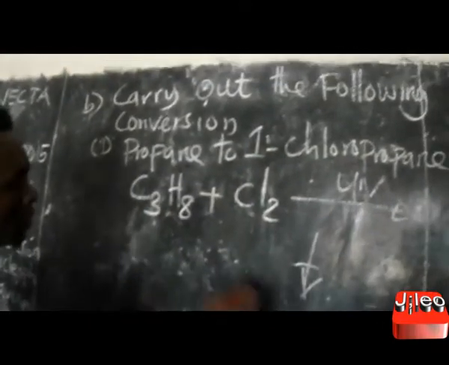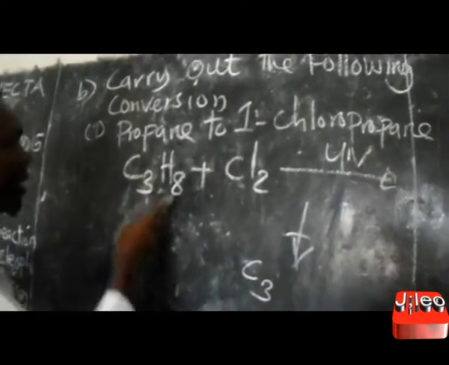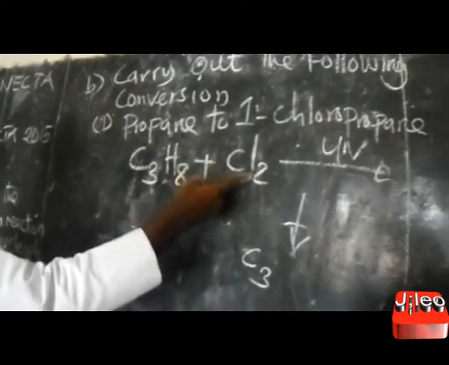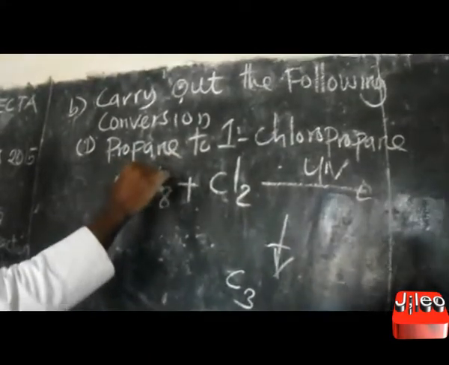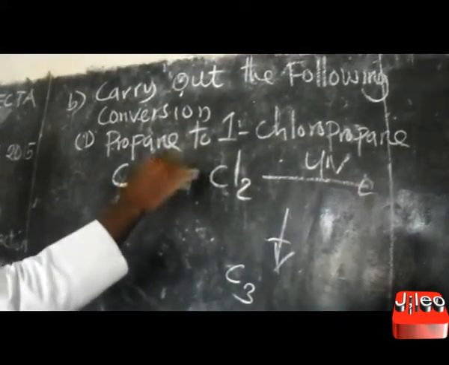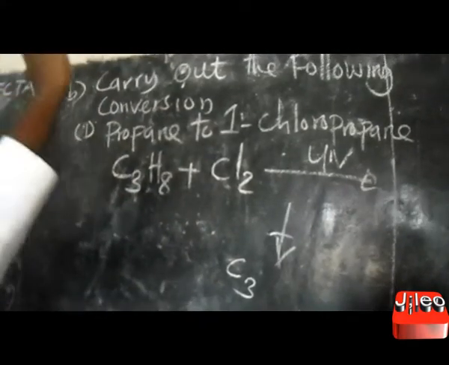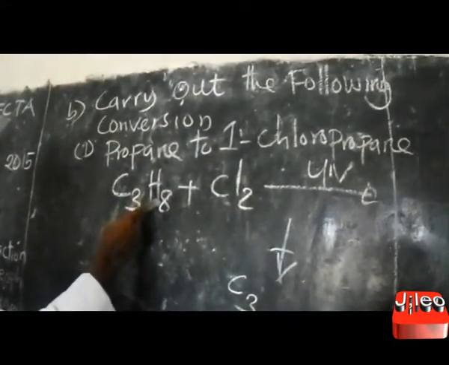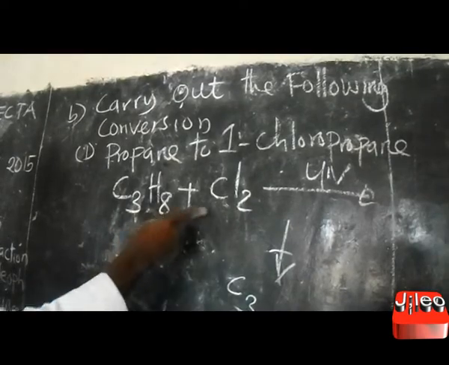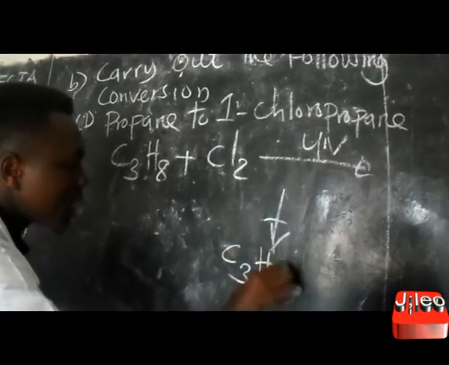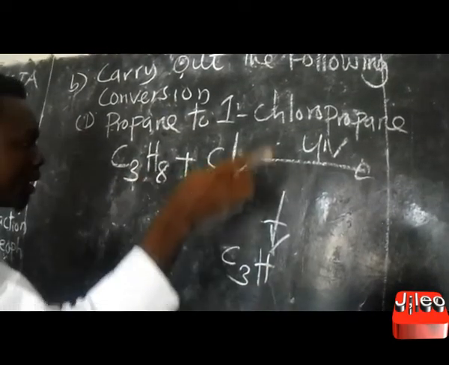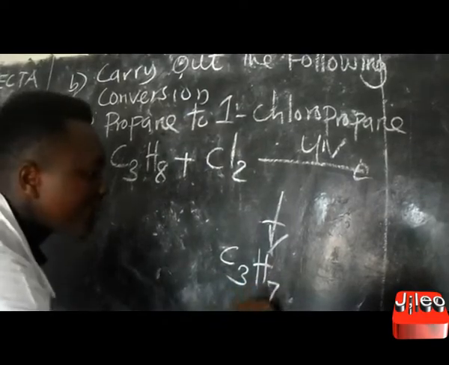Our 1-chloropropane will be as follows: C3. The reaction will take place here because the chlorine tends to replace hydrogen and form hydrochloric acid. So here one hydrogen will be removed, then taken with the chlorine to form hydrochloric acid. So one hydrogen is removed, then it remains 7.